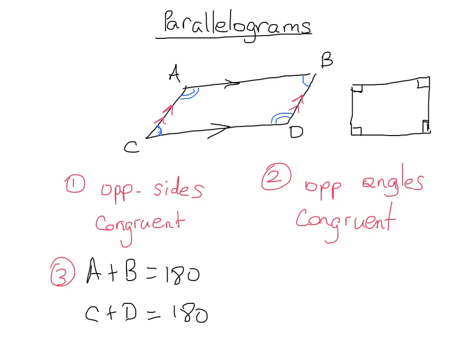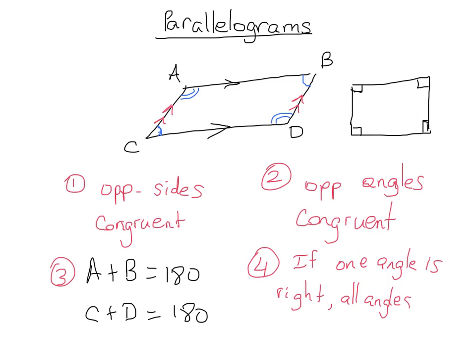So the fourth property that I wanted to talk about is the fact that if you have one right angle, then you have 4 right angles. There's no give or take. So if one angle is right, all angles are right. All right, so now that we know this, we can actually try a problem.